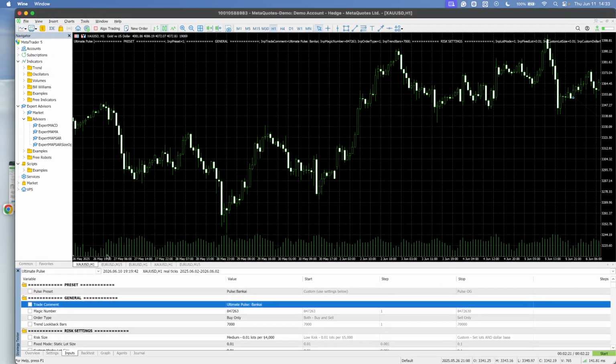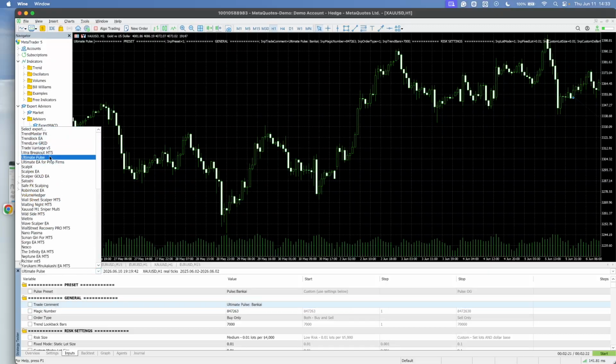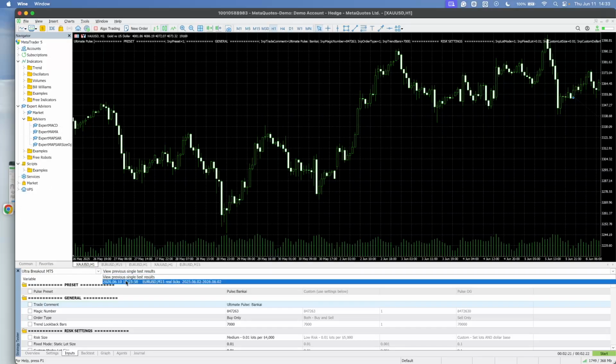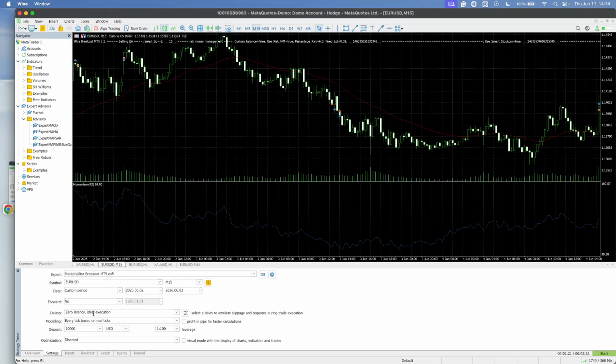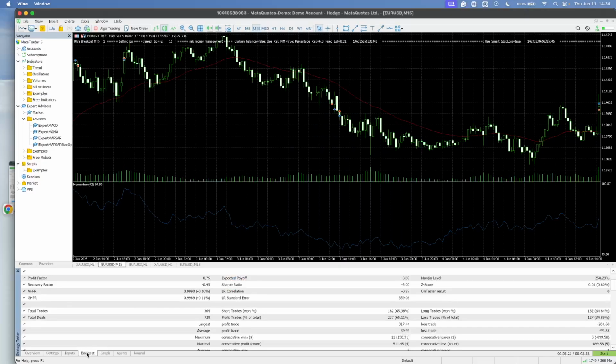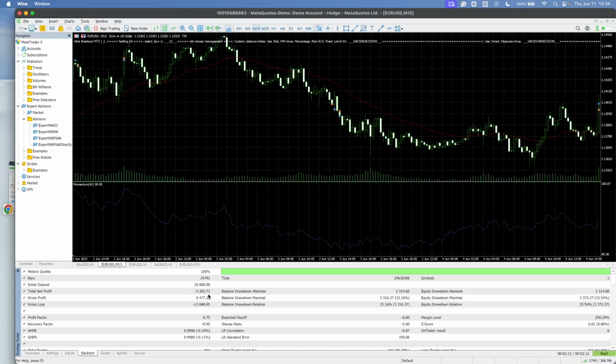Now, I ran a backtest on the Ultra Breakout, on EURUSD on the 15-minute time frame, from June 2025 to June 2026 on a $10,000 account. The profit factor came in at 0.75, and we took a net loss of $3,203. Win rate was about 65%.